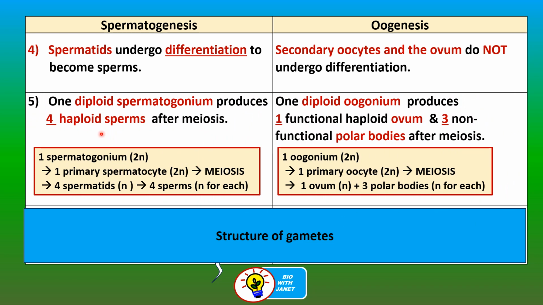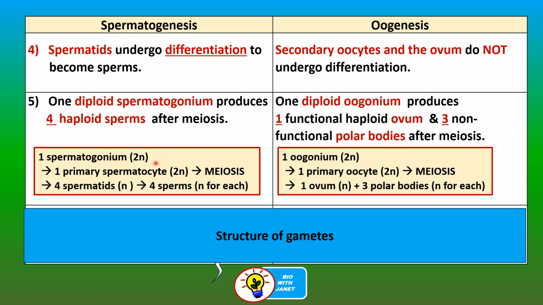So, in spermatogenesis, one diploid spermatogonium produces 4 haploid sperms after meiosis. Okay, we're talking about the number of daughter cells produced. Okay, 4 haploid sperms are produced after meiosis. So, recalling back the process of spermatogenesis, actually from one spermatogonium, right?